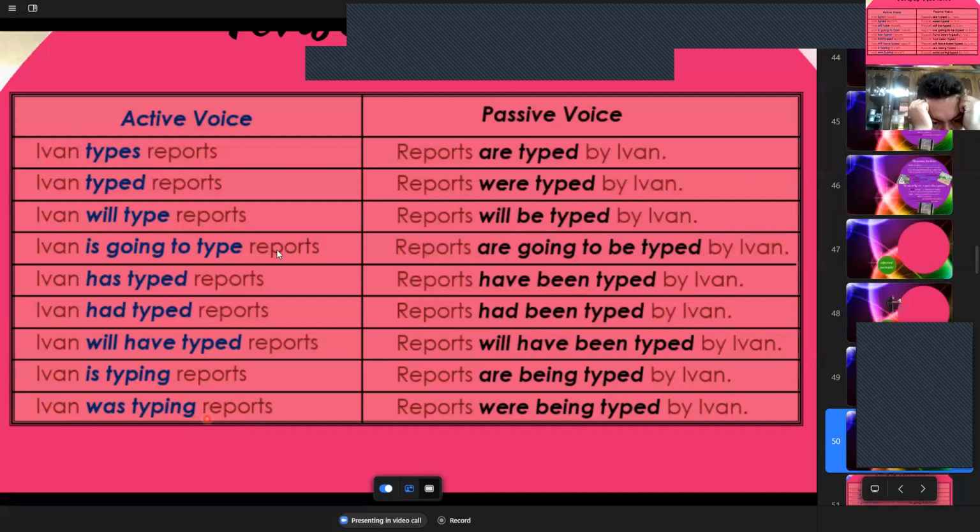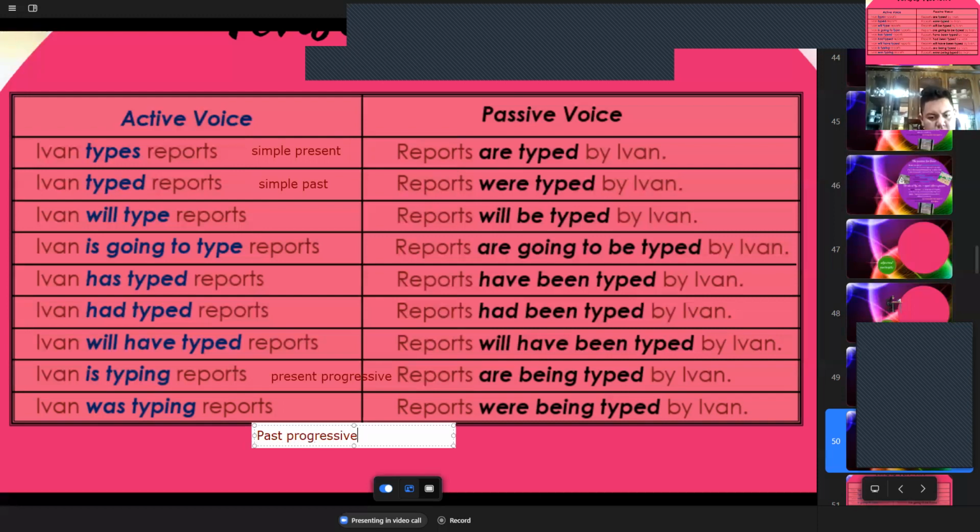So pay attention: in this structure we have simple present, in this other structure is simple past, in this other structure is present progressive, and in the last structure is past progressive.